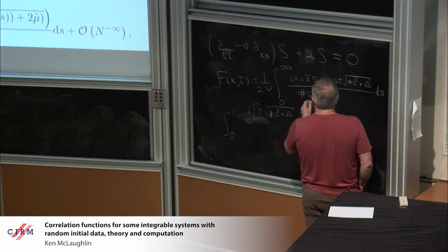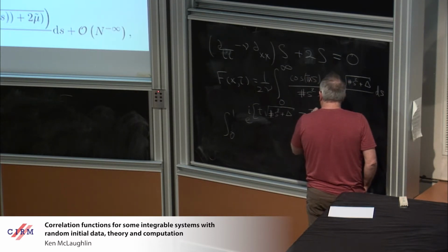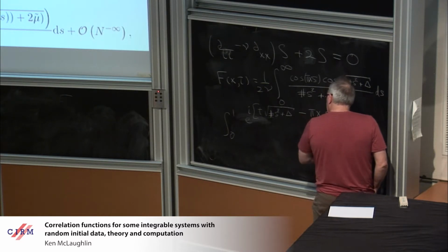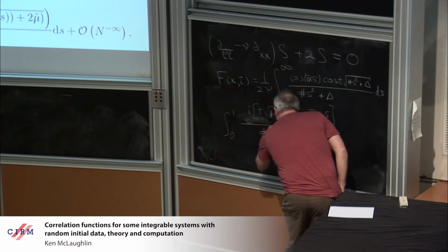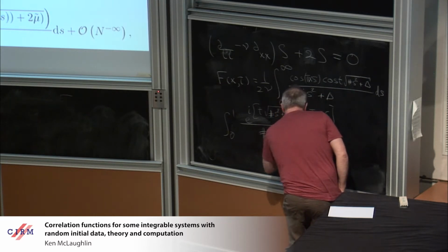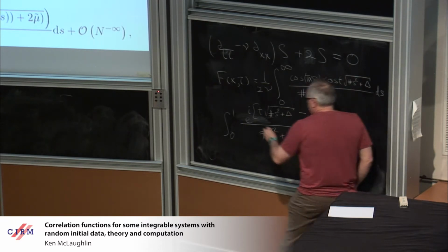Pi, there's an x missing, pi xs, sorry. Pi times x times s. Divided by whatever this thing is downstairs, number sign s squared plus triangle. Zero to infinity.